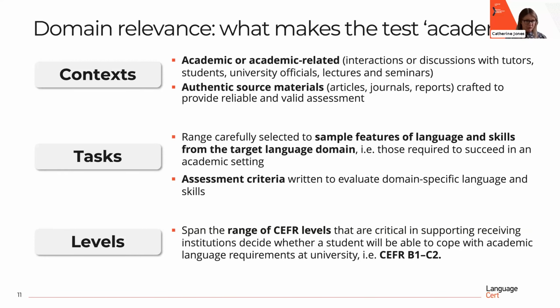And I've already said the levels of this test cover B1 to C2, spanning the CEFR range that will help recognising institutions decide how well a student's going to be able to cope with the academic language demands at university.